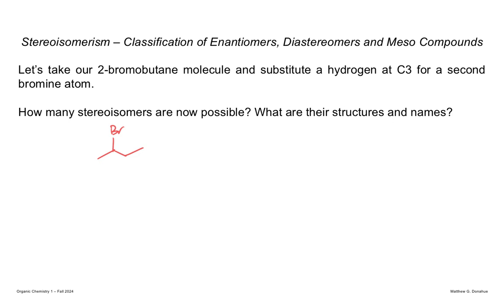We're going to start with 2-bromobutane, and then we're going to add a second bromine. But we're only going to do it at carbon 3 because that's going to generate a second stereocenter. If you put it at 1 or 4, those carbons do not end up being stereocenters because they each have 2 hydrogens bonded to them.